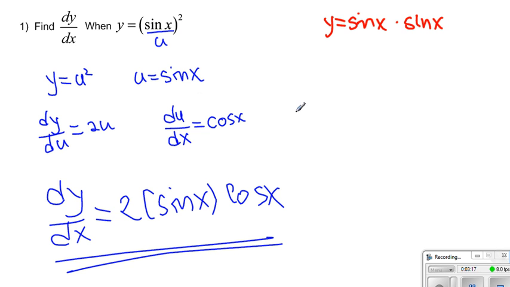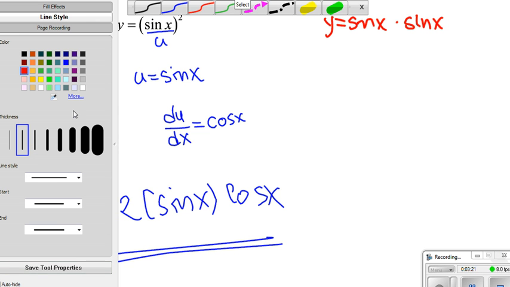Now, if you look at this carefully, you will realize that we could have done this using the product rule.